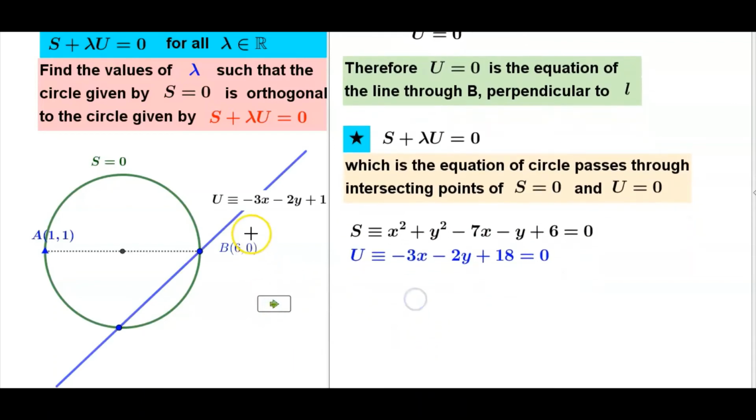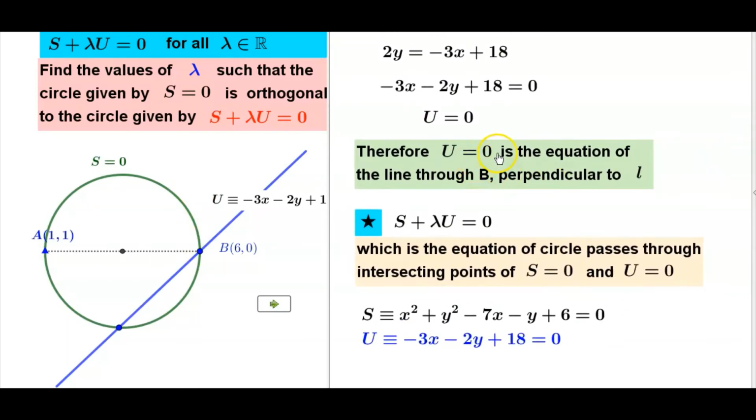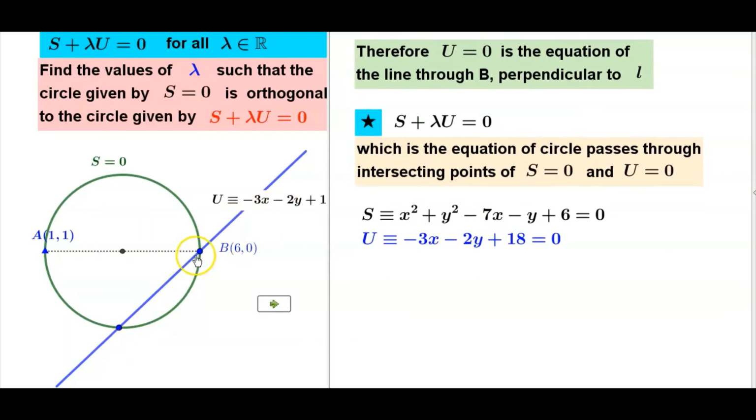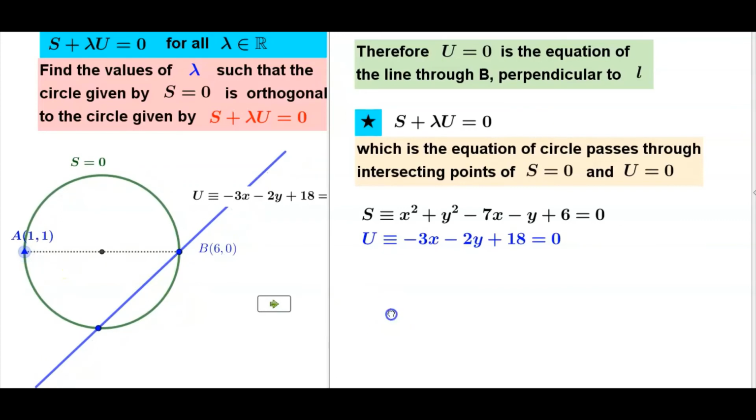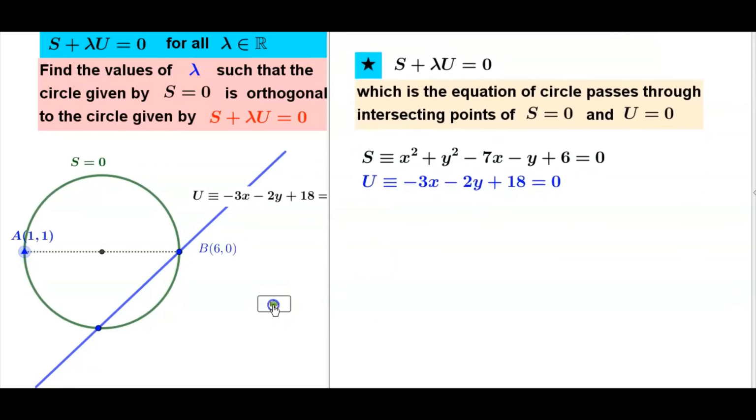And one of the lines, u, is also passing through the point B. The line u is equal to 0 passes through point B. This is the line u: minus 3x minus 2y plus 18 is equal to 0. Now draw the circle S plus lambda u.